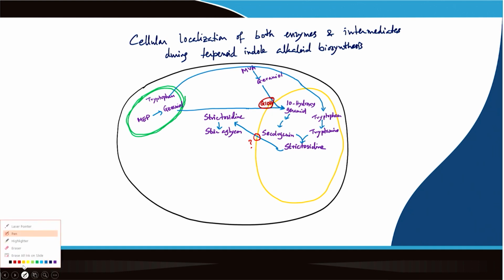So, we must locate SGD. Okay. So, the arrow is to be made further. And then this leads to the formation of 4,21-dehydrogeissoschizine. I will note the full form here because of the shortage of space.